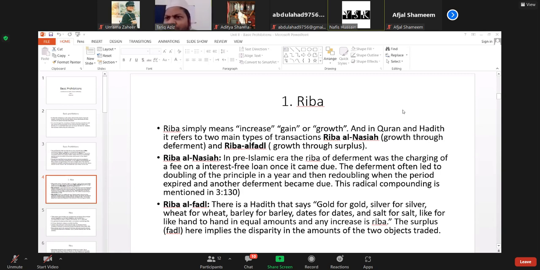As riba is prohibited and we will not accept riba, what happens in the present day is that the purchasing power of money decreases over time because of the time value of money. So how can we tackle this problem of not accepting riba?